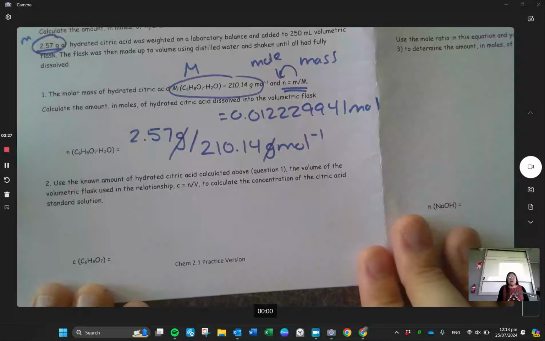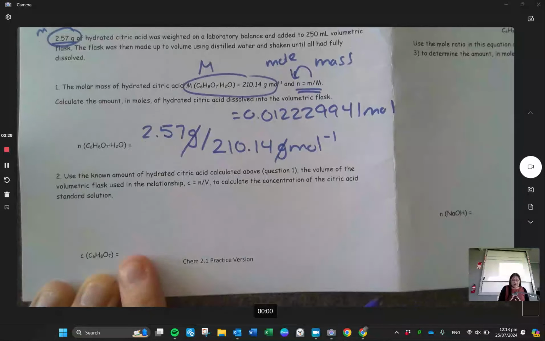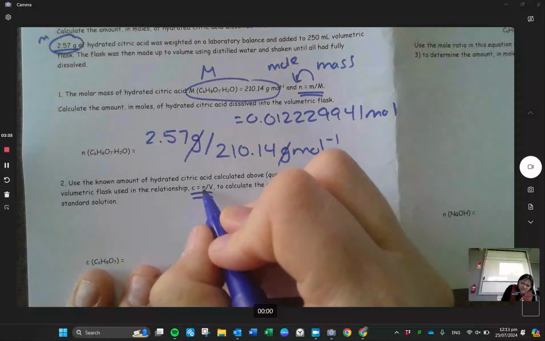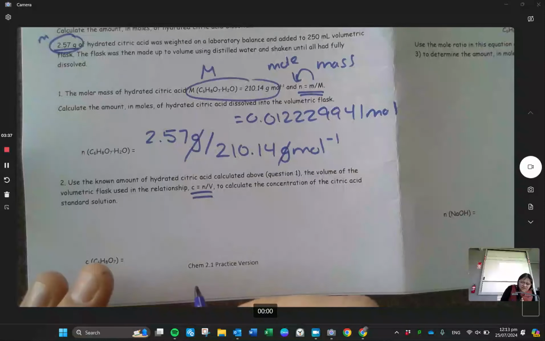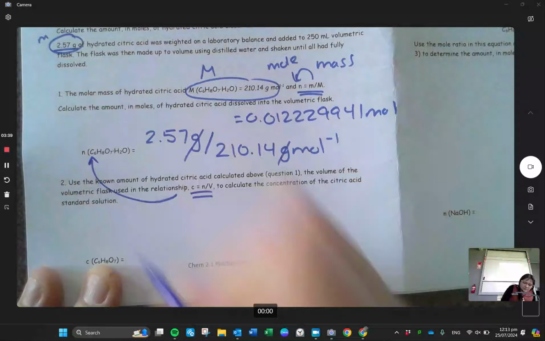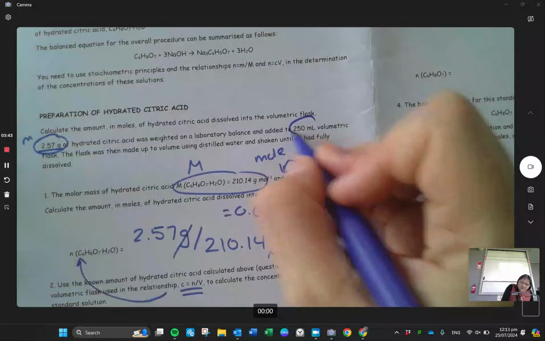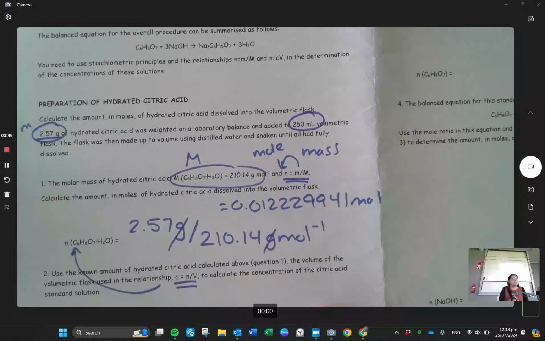All right. Next thing I need to do then is figure out the concentration. Again, I give you guys the equations. So, concentration equals n divided by V. N I solved in question number 1, so that's where I'm getting my n from. And the V I'm getting from up here, because that's my volume.